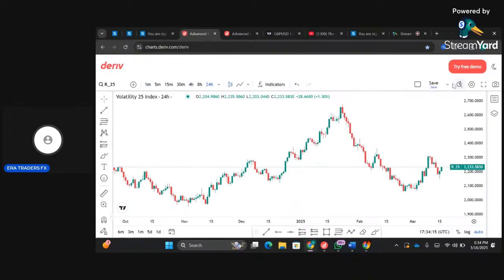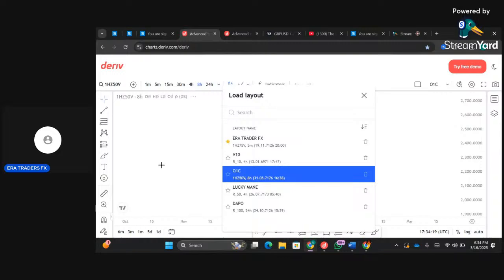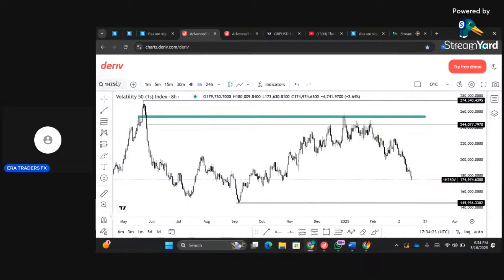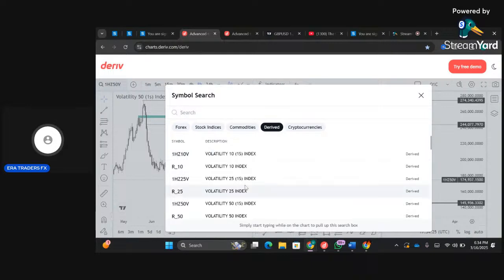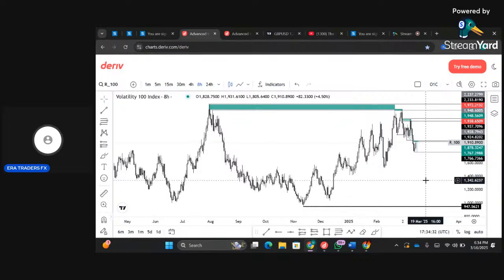The first pair we'll be looking at is, so we're currently on trade on V100. So let's just look at V100. Let's see why we took this sell. So before then, I'll be sharing the link to the group so that people can join.